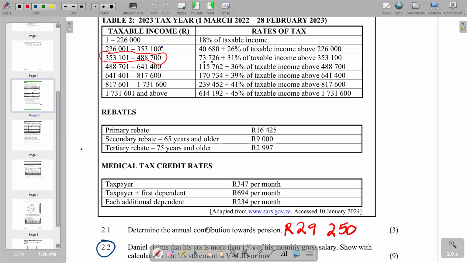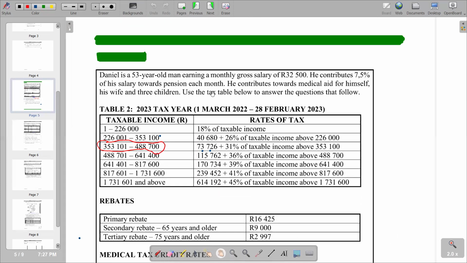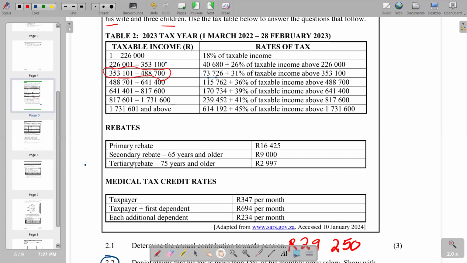So we try to see the scenario according to the question that we have. Daniel is for himself, and also we've got his wife and 3 children. So it's himself and first dependent, his wife, which is going to apply in the second row, taxpayer plus first dependent, which is 694 per month.